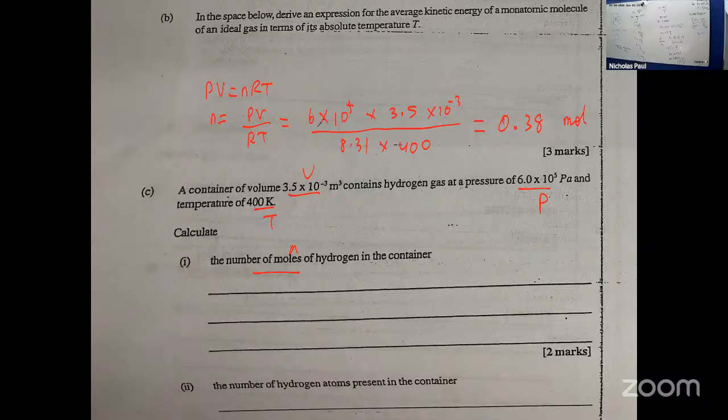Pressure is 10 to the 5. So you have the pressure of 10 to the 5, and 3.5 by 10 to the minus something. Correct.